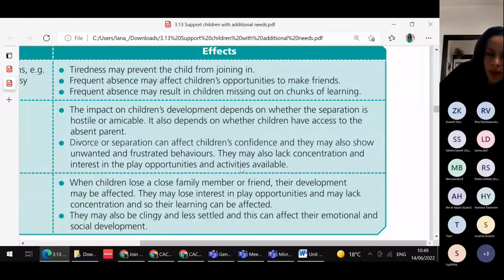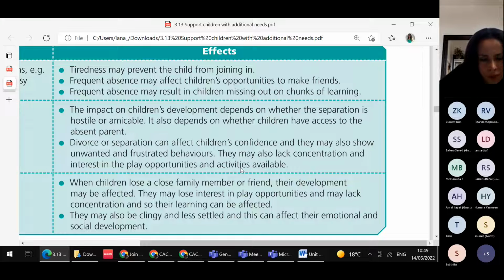The impact on the child's development depends on whether the separation was hostile, where they were fighting a lot and swearing at each other, or it was just a normal process where they just moved to different houses, and he or she will feel they miss one of the parents because they left home. So all this would affect the child's development. It depends on how it affected them.